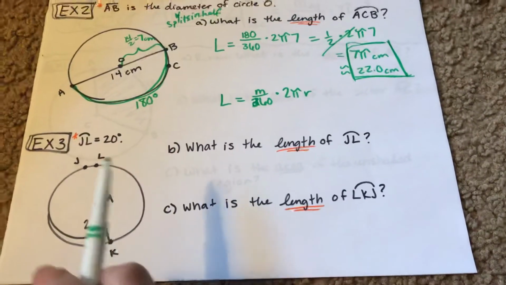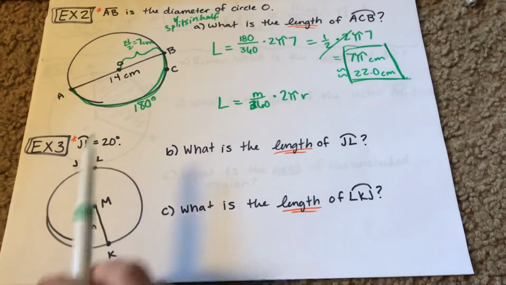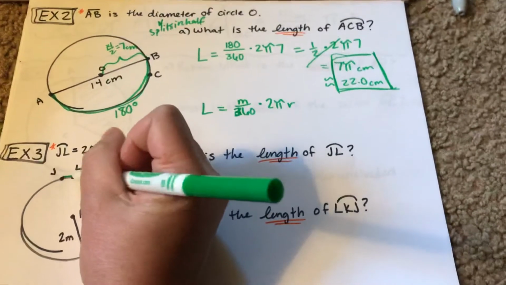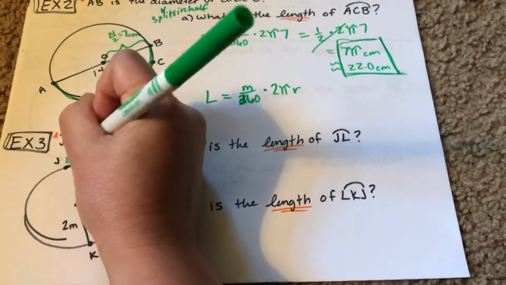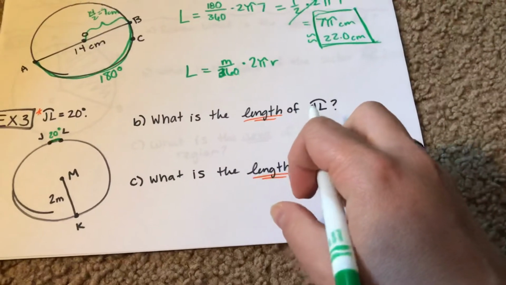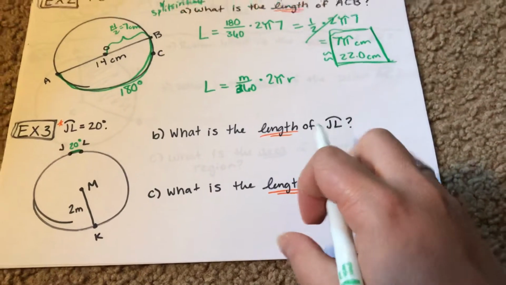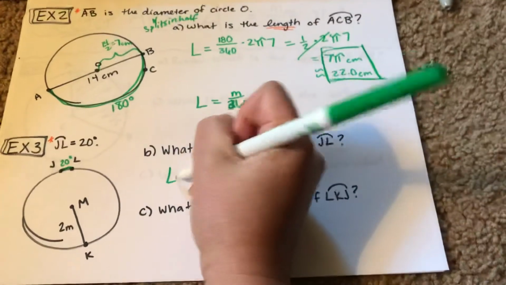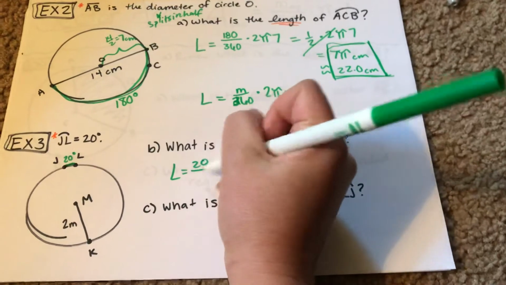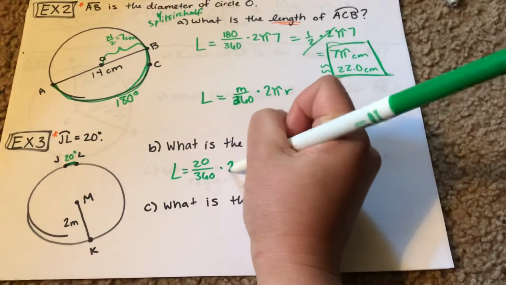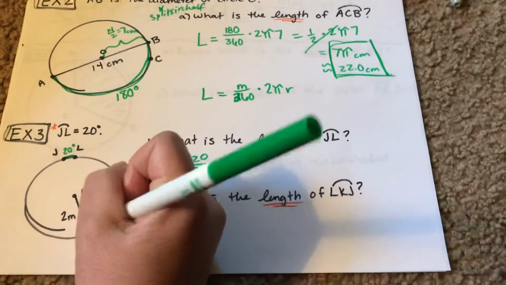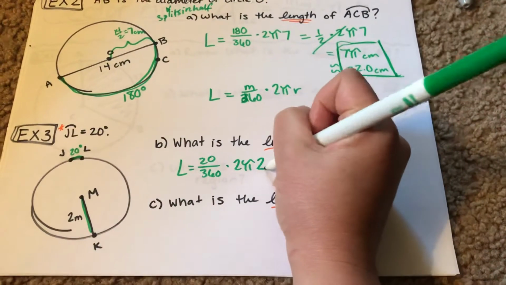Last one, if we look at example 3 here, this arc J to L, oh, it's a little guy here, is 20 degrees. What is the length of JL is our first question. Well, we're still going to use this formula. L equals 20 now over 360 times 2 times pi, and our radius in this case is 2 meters.